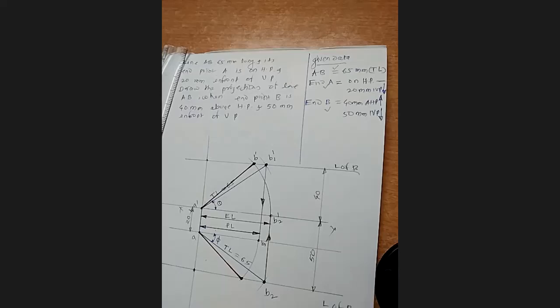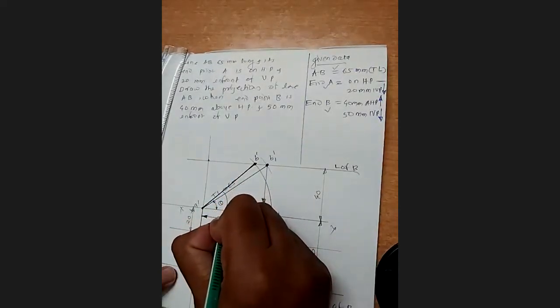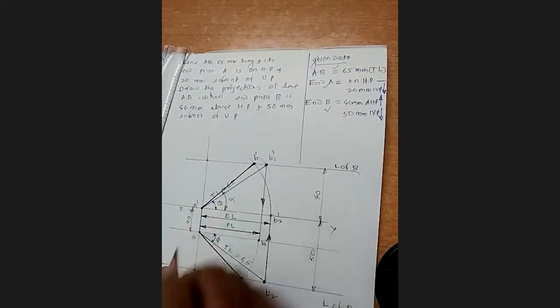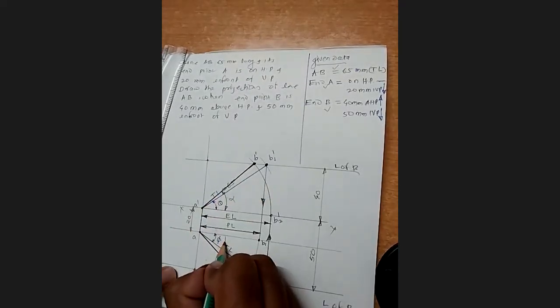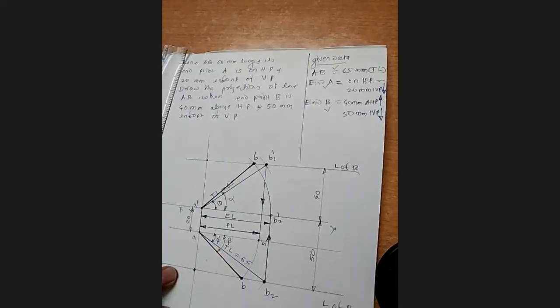And this point is going to be the point B. This point will be the point B, and it will give you the remaining two angles, alpha and beta. So this angle will be alpha. This is going to be the angle beta. Okay.